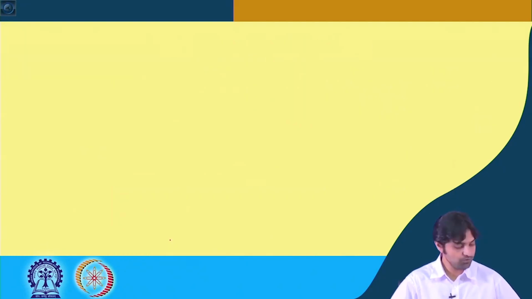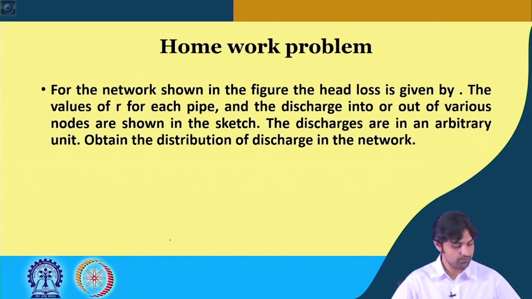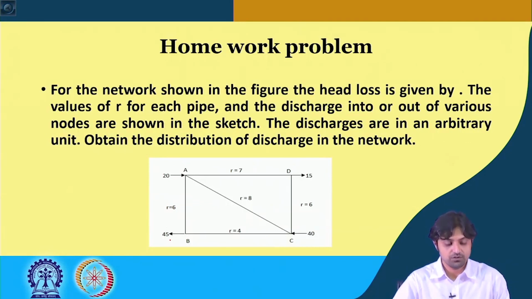Before we end, there is a homework problem. There is the network shown in this figure and the head loss is given by RQ square.